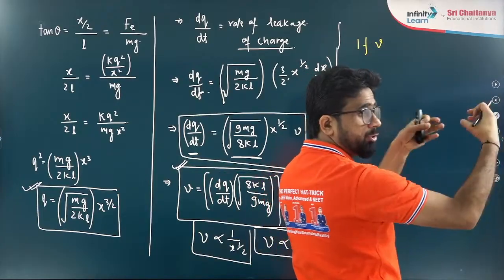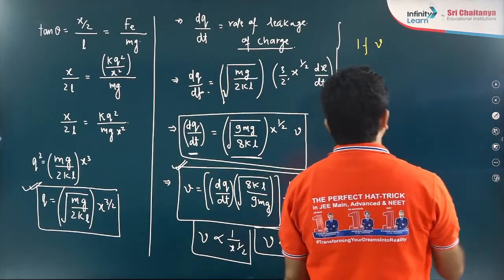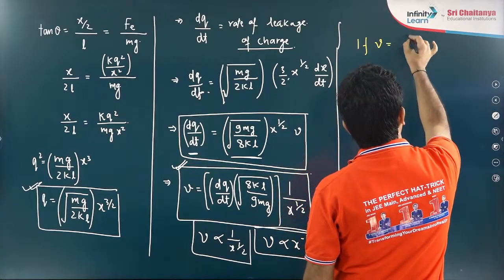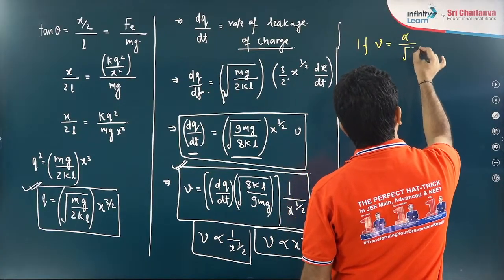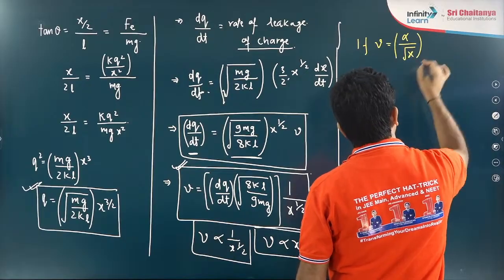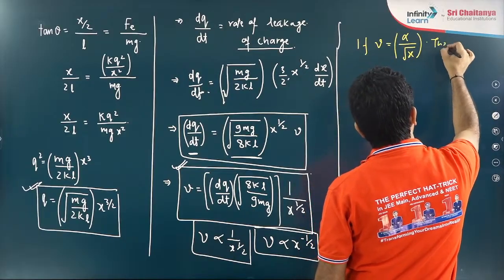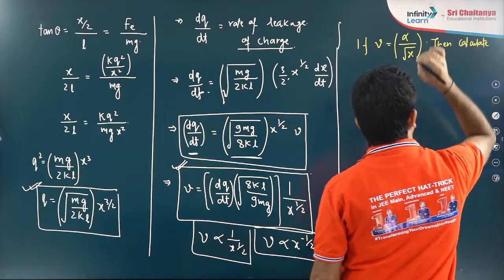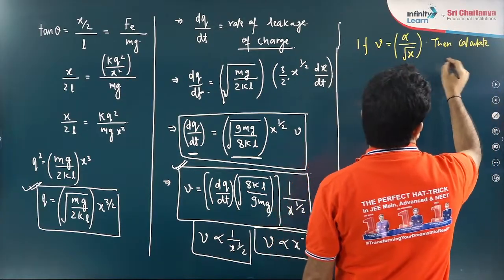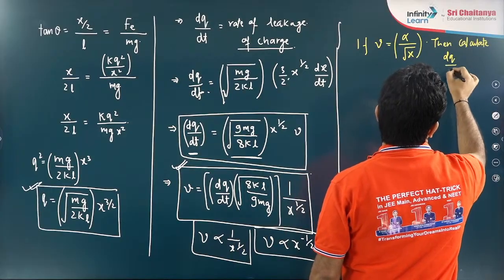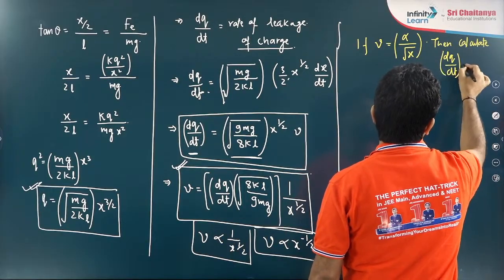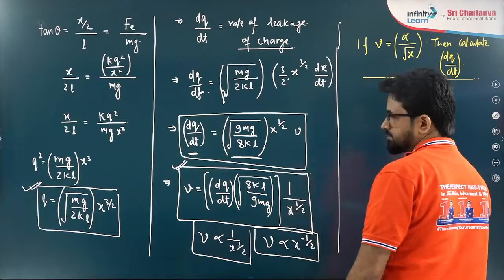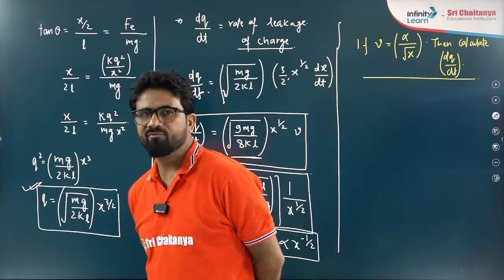If the velocity of the balls approaching towards each other is equal to alpha times root x, then calculate dq by dt. This was the actual Irodov question. The same language, nothing is different.